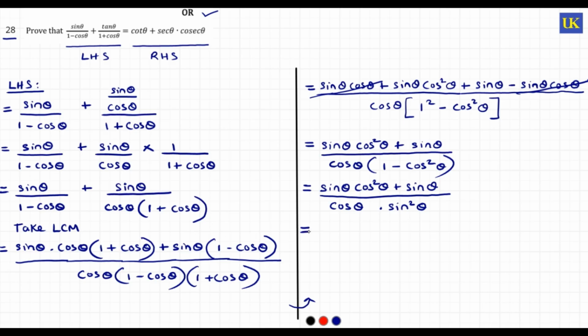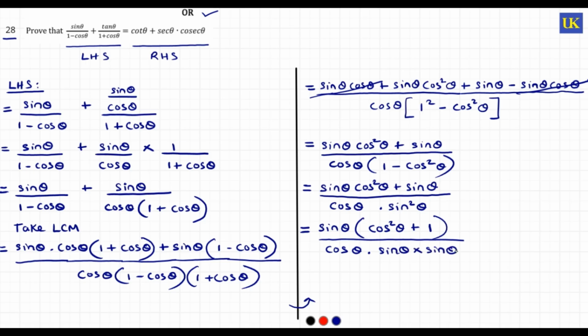So now here also we have sin theta, here also we have sin theta. So we will take sin theta common, and in the bracket we have cos square theta plus, here nothing is there, means 1 will be there. Take common, and in the denominator we will write cos theta, and we have sin square theta. So we will write sin theta into sin theta.